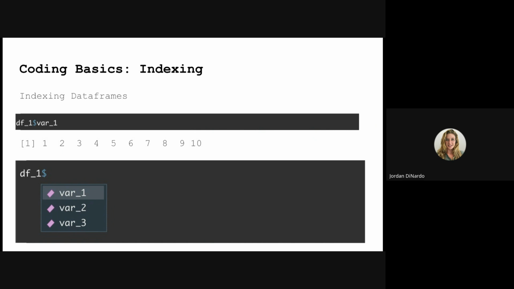And if you type out df_1 dollar sign and just pause there, R is smart enough to help you, and it brings up this window of the different variable names within that data frame because it's in your environment. So it's giving you a little hint, kind of like a shorthand trick, and you can click on whichever variable you want to call on.